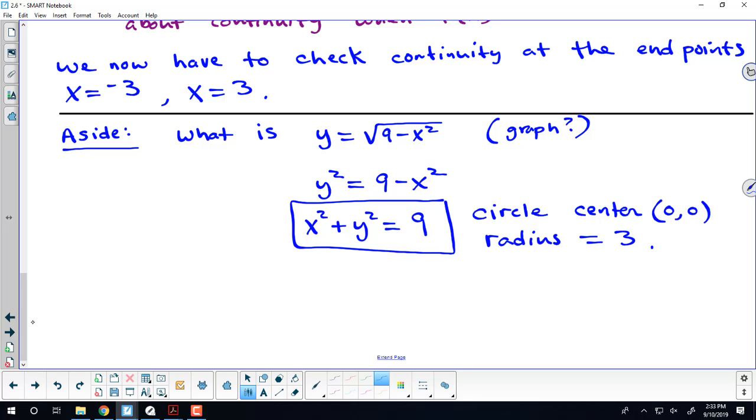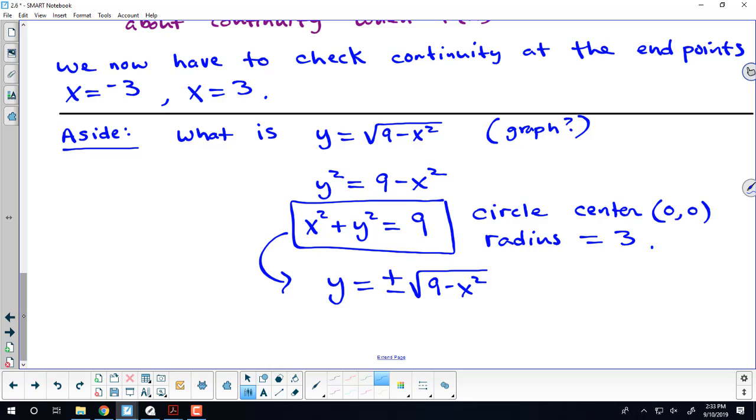But is it the whole circle? No. If I gave you the equation of the circle and you wanted to know explicitly what y is, you would solve for y. Since y is squared, it's plus or minus the square root of 9 minus x squared. The plus root and the minus root together make the full circle. We're only talking about y equals the positive root.